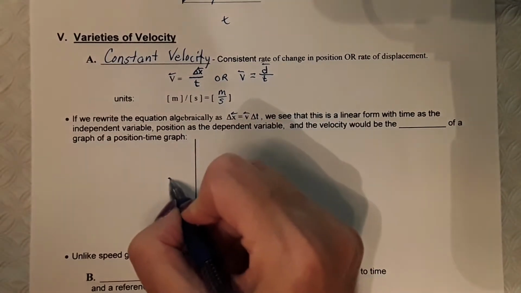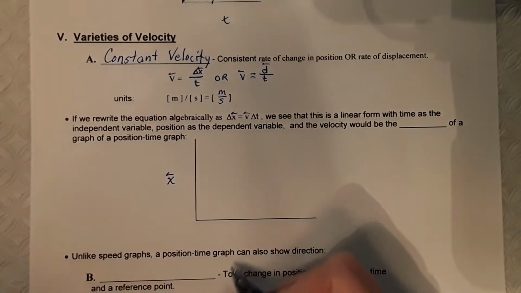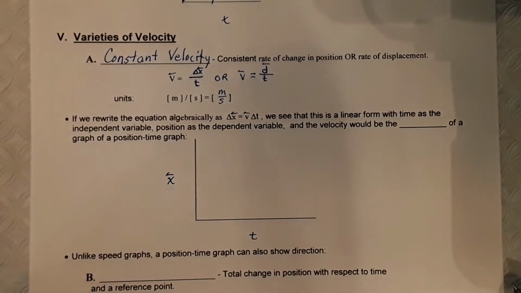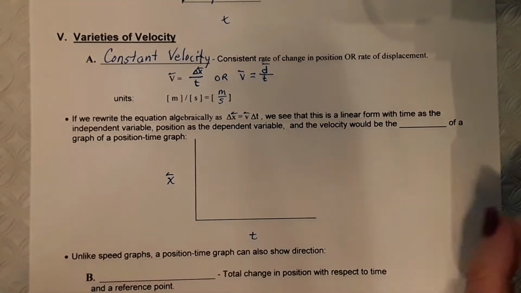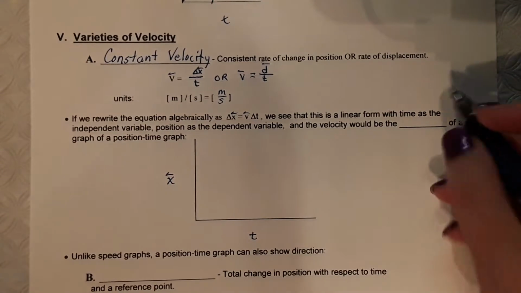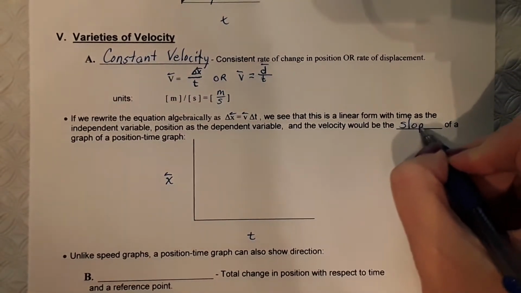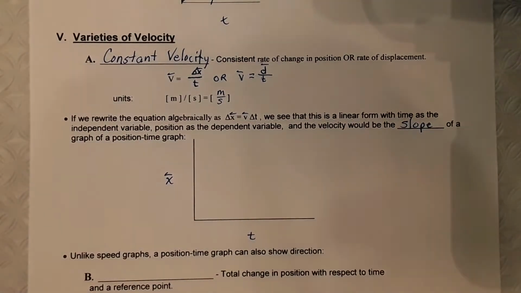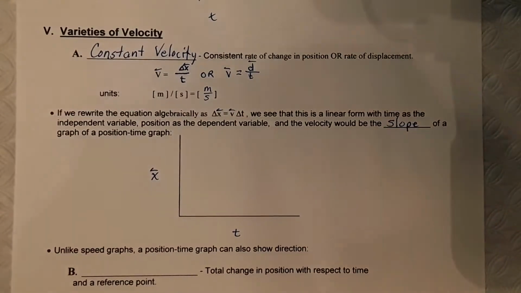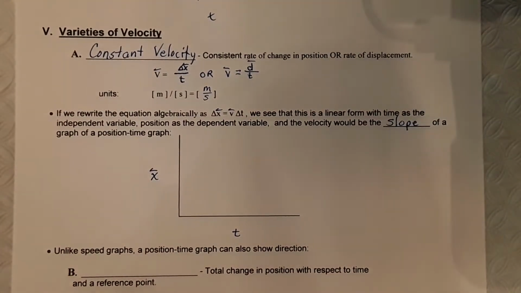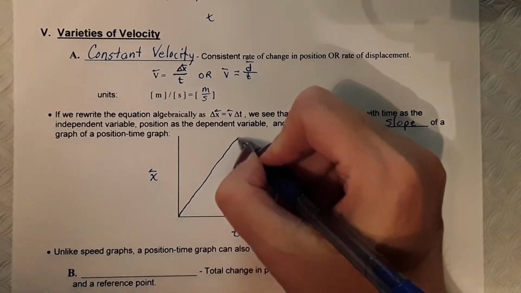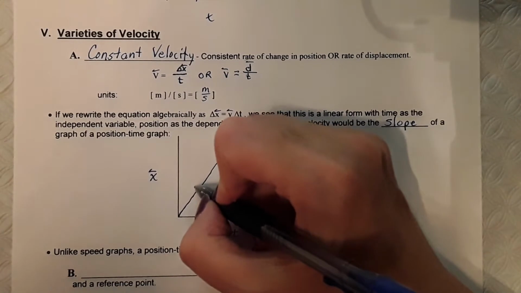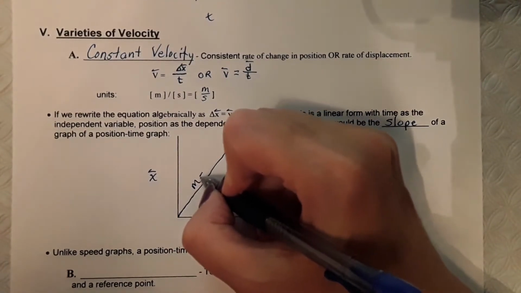So if we plot the position on the x-axis and the time on the y-axis, say that backwards. If we put the position on the y-axis and the time on the x-axis, then the slope of the graph would be the velocity. Only this time, because these are vectors, we can look at direction as well. So the sign of the slope is going to be the direction of the velocity.